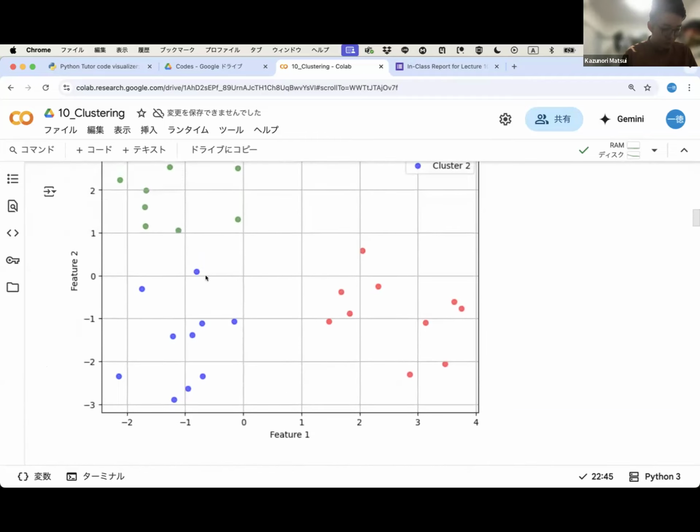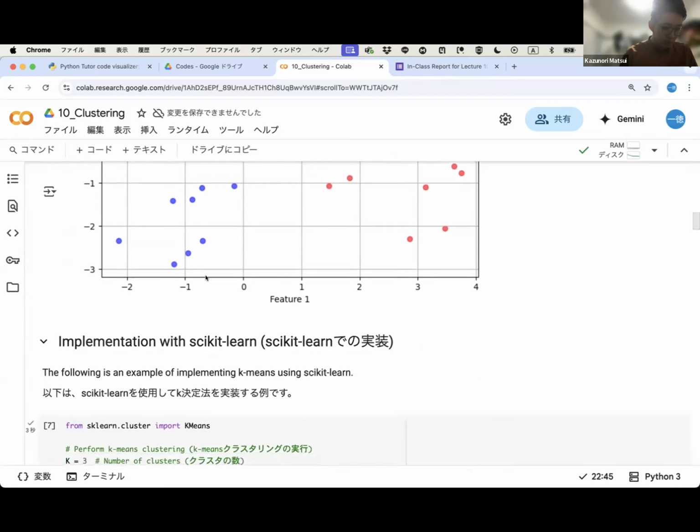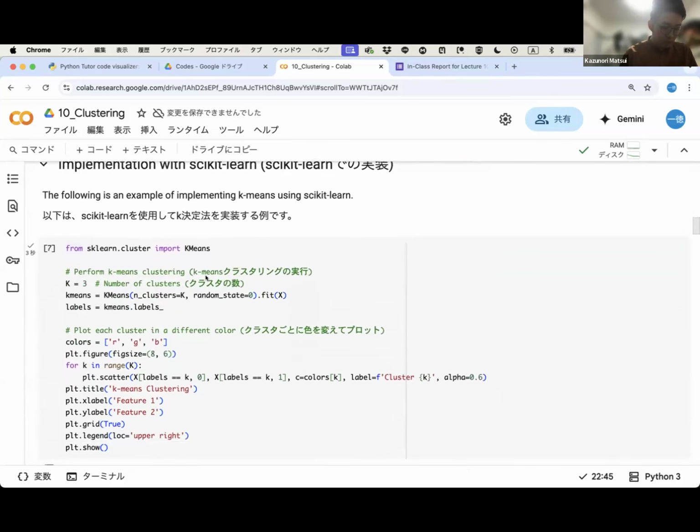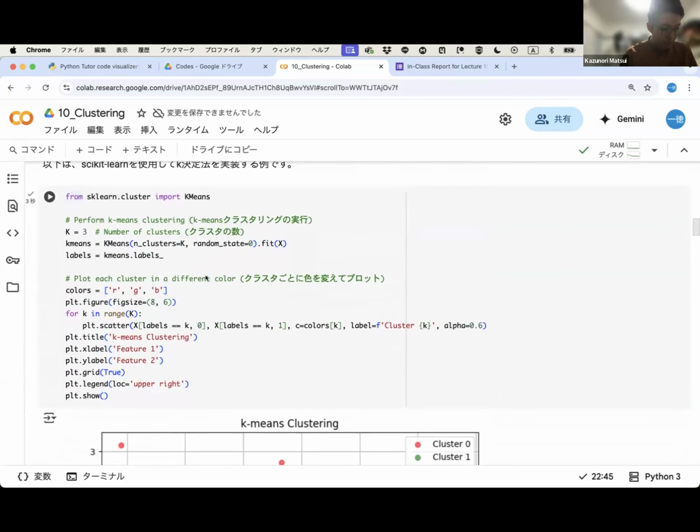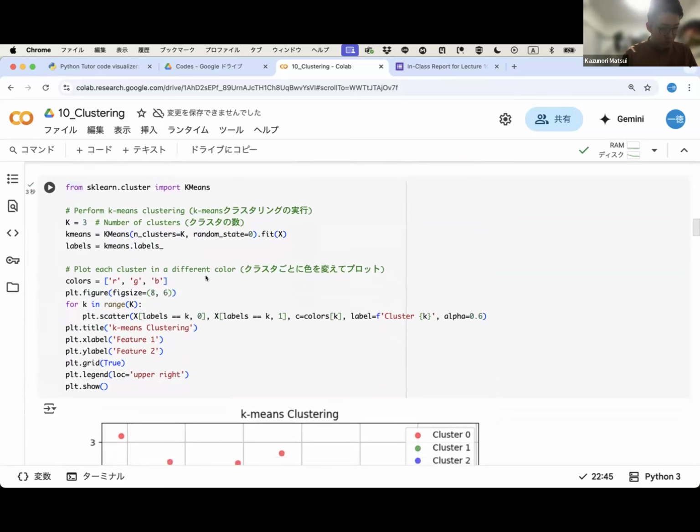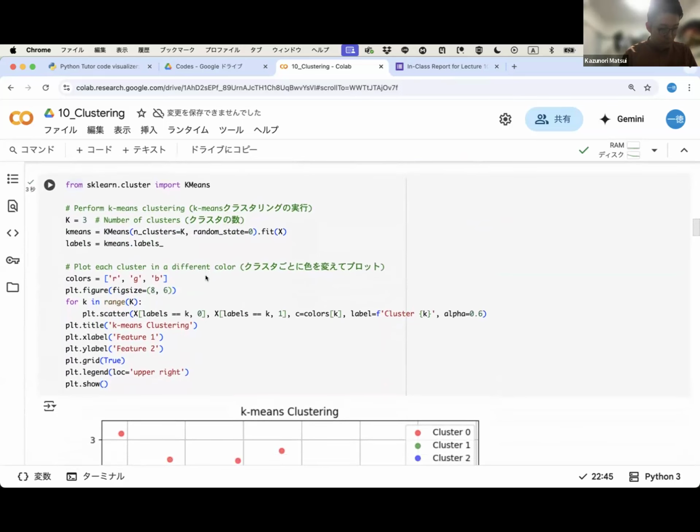Here, it's different. Depending on initial values, different classification results may occur. This is due to the characteristic that the k-means method depends on random initial values.